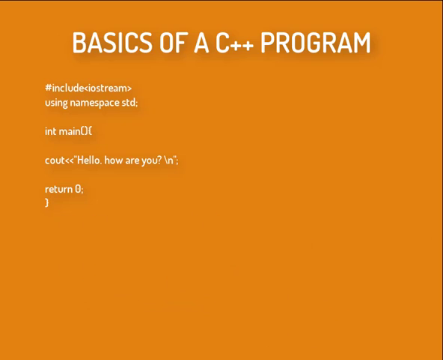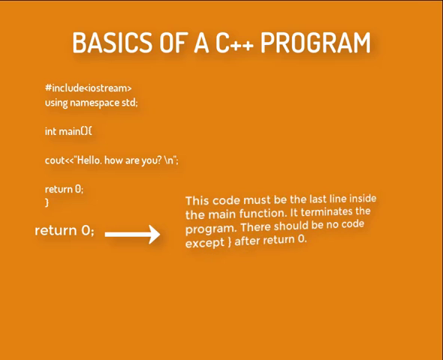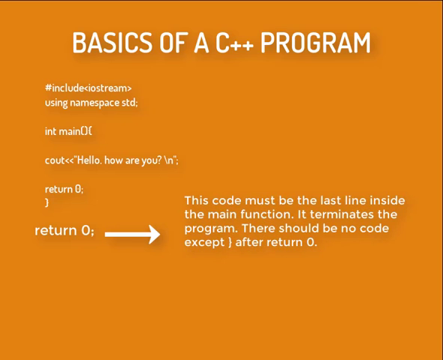After our cout statement, line number 4, line number 5 simply says return space 0 semicolon. Return 0 is the program terminator. This must be the last line inside the main function.